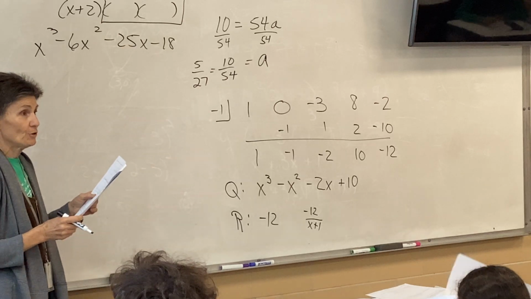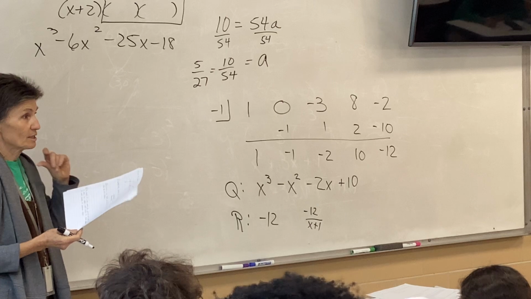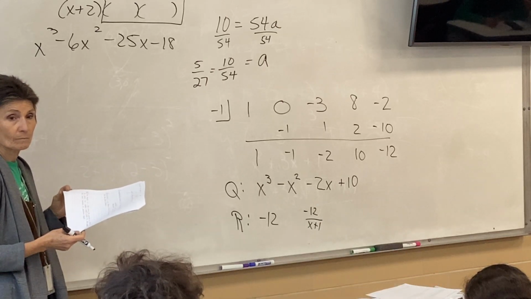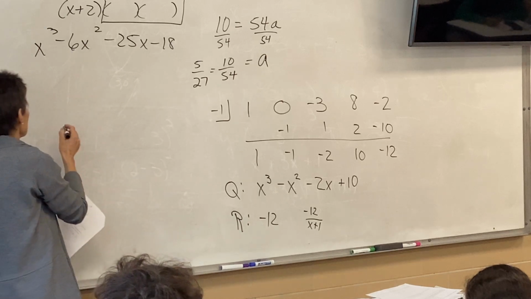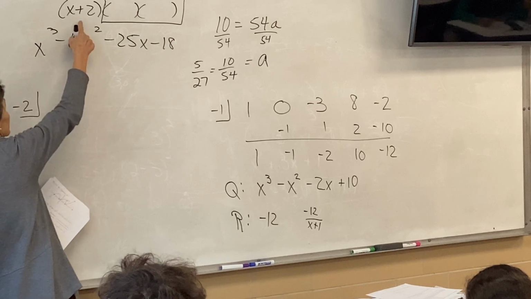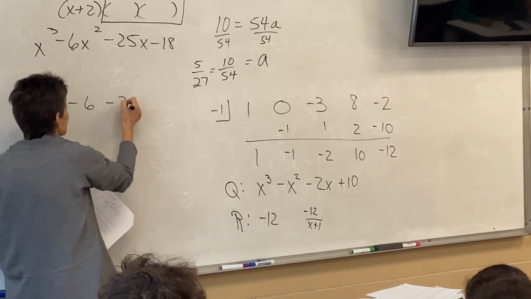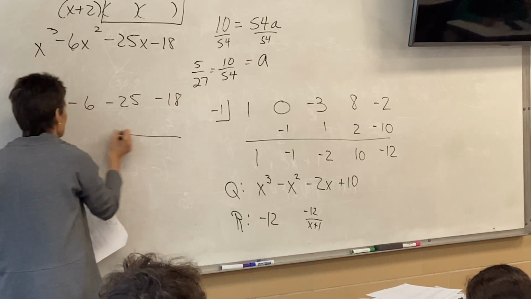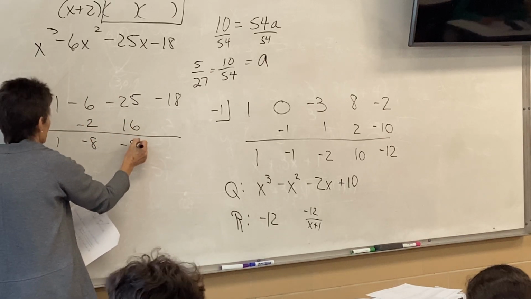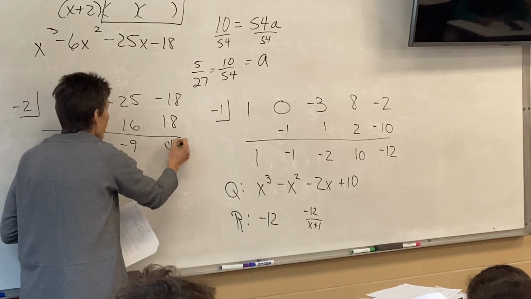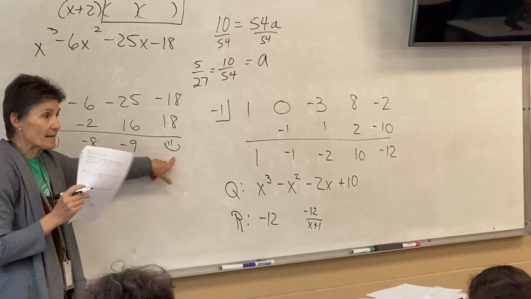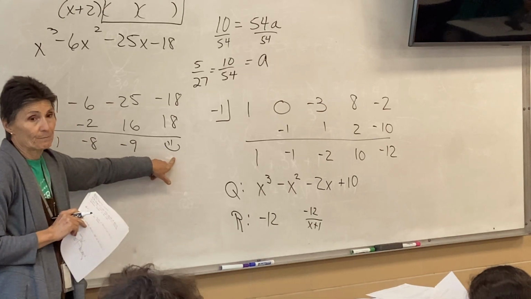What did we do with this problem? Synthetic division. So what did I put in the box? -2. And then 1, -6, -25, -18. And we totally knew that was gonna happen, because they told you it's a factor.